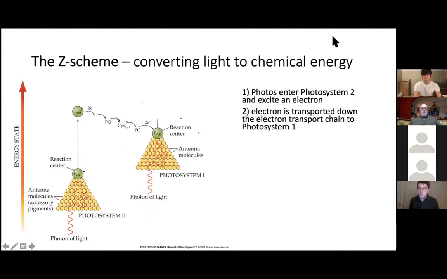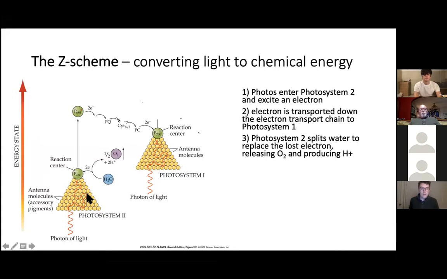Let me get rid of this. Then as the electron moves down the electron transport chain through these different cytochromes to photosystem 2, it can be excited again by another antenna complex. As this electron is going, it's going to be replaced by another electron that's also ready to be excited by the next incoming packet of energy.